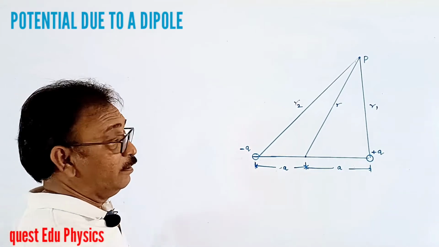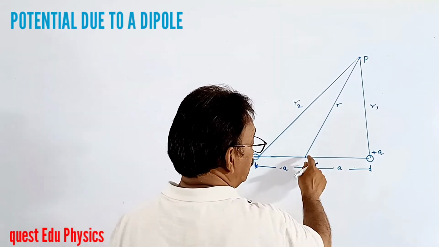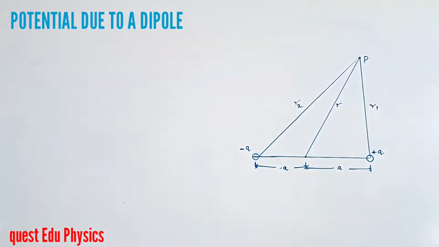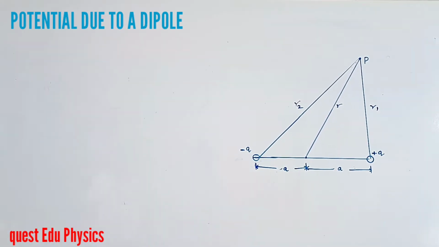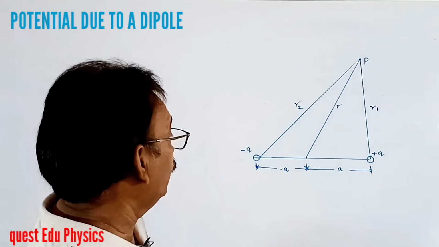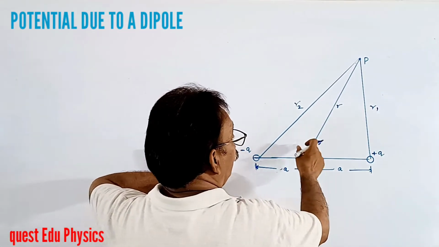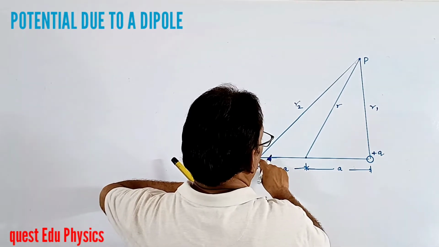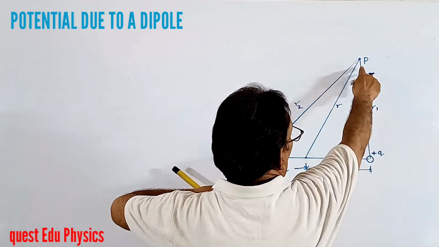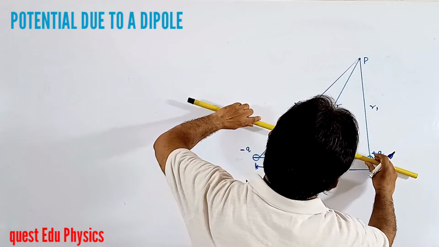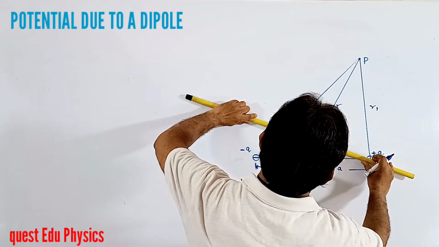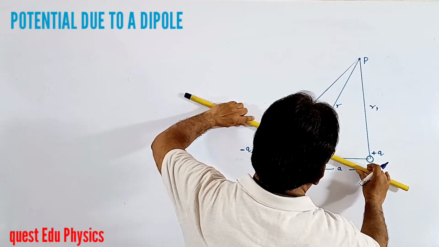which is situated at a distance of r from the center of the dipole. Students, to find the distance between the charges and the point P, I'm doing a little geometry here.